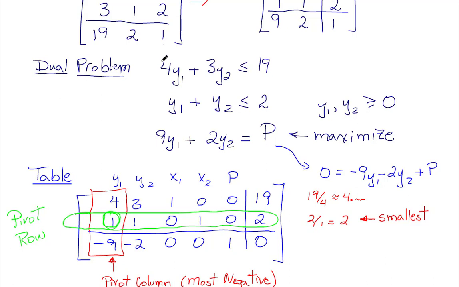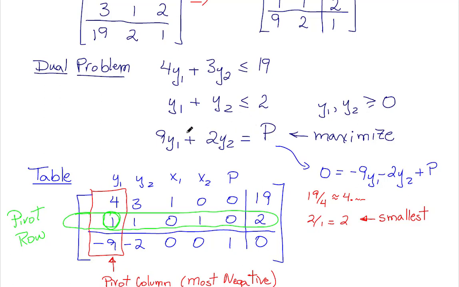So 4, 3, 1, 0, 0, 19. 1, 1, 1, 1, 0, but that's where x2 would go to make it equal. 0 and 2. What about the P business? Well, again, make it equal to 0, but keep P positive.